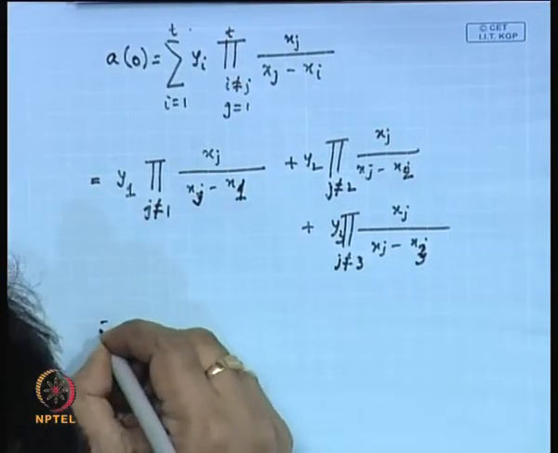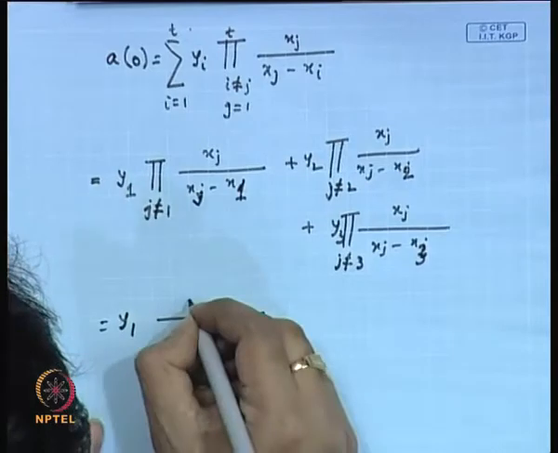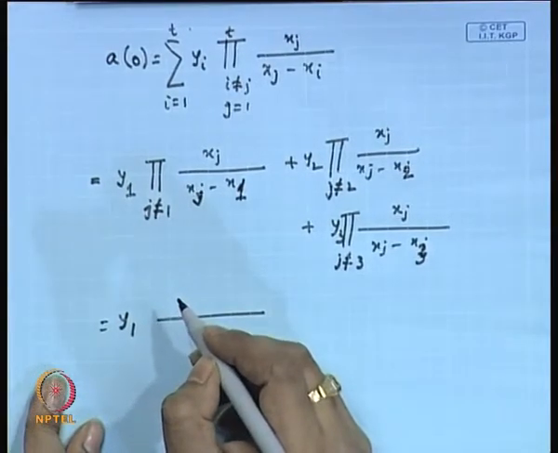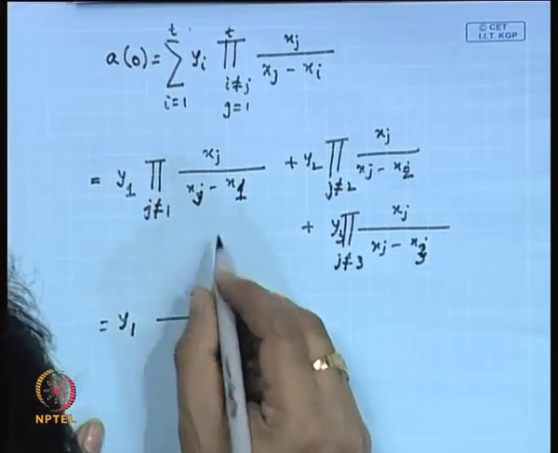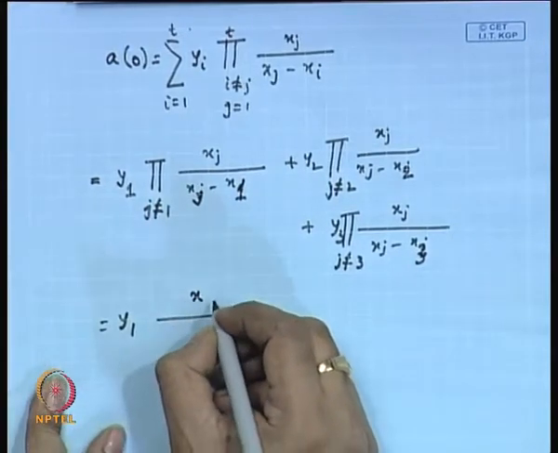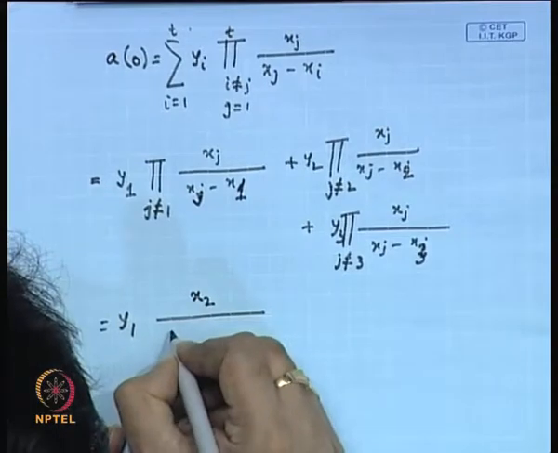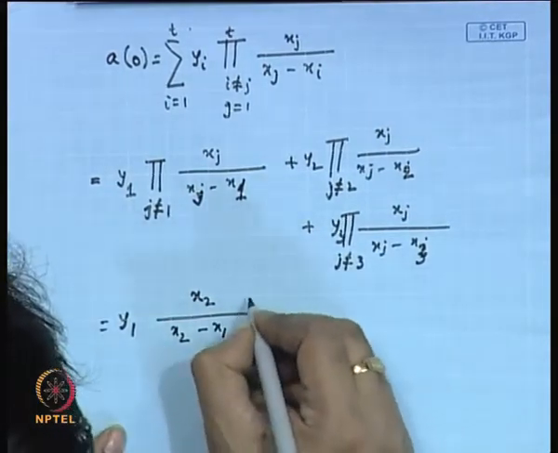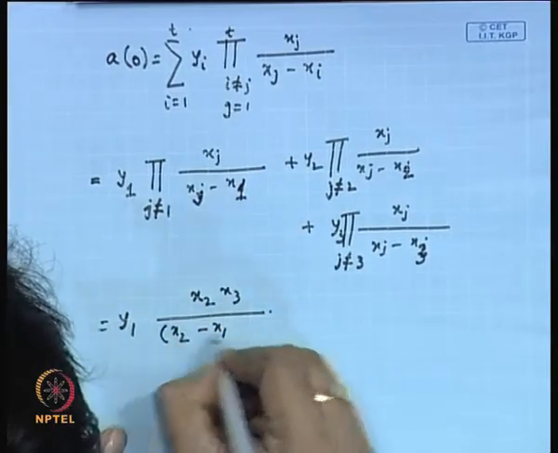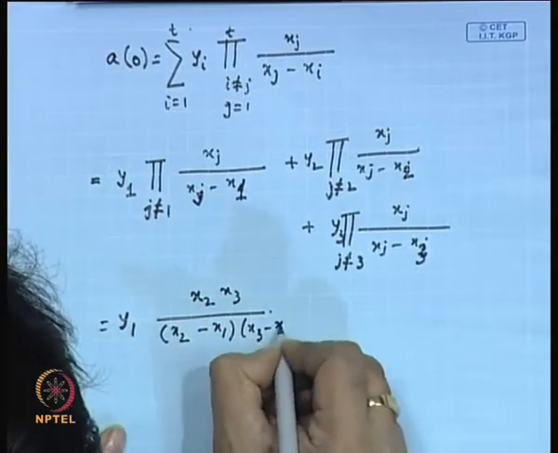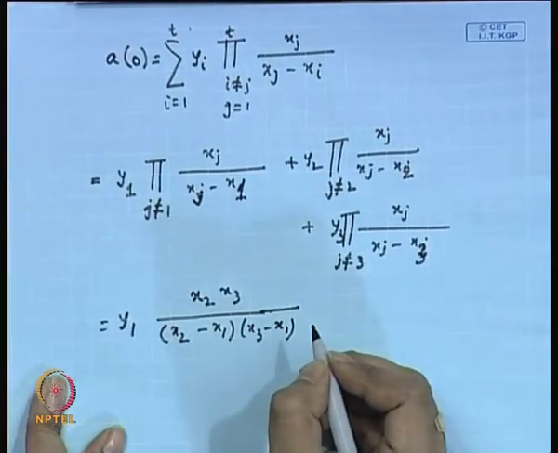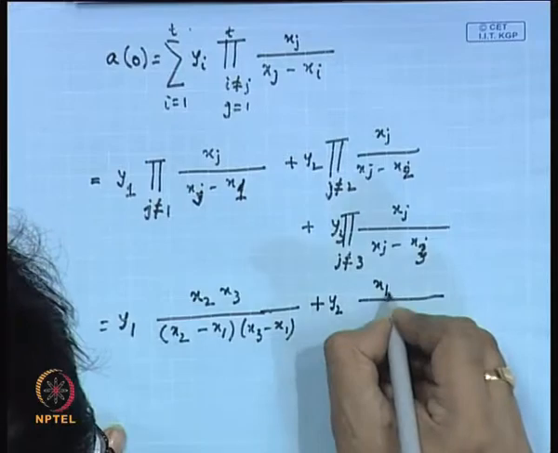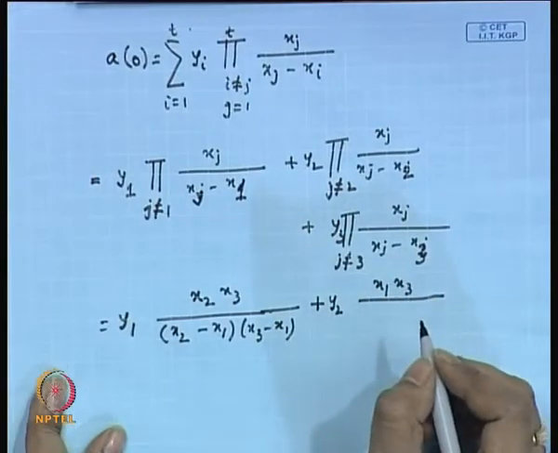So, that means this is equal to y1 into, so what is the corresponding value of your j here? It can be 2 here because it is not equal to 1. So, it is x2 divided by x2 minus x1 multiplied by x3 divided by x3 minus x1, plus y2, and again here x1 will come and similarly x3 will come.